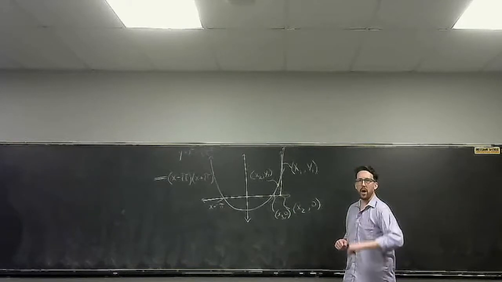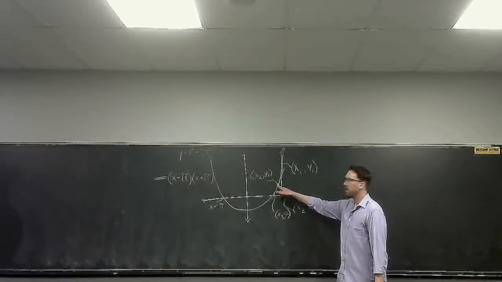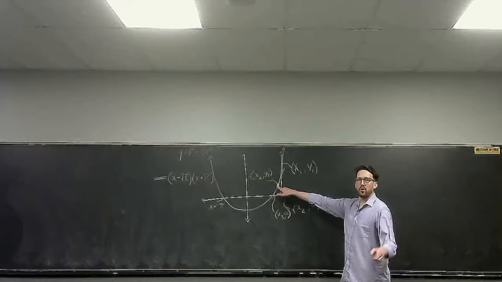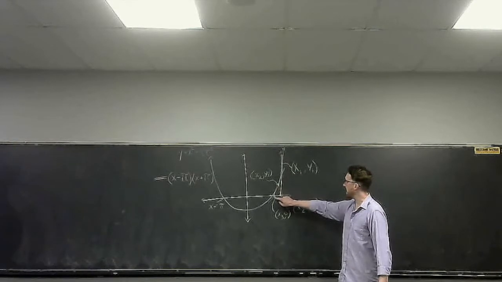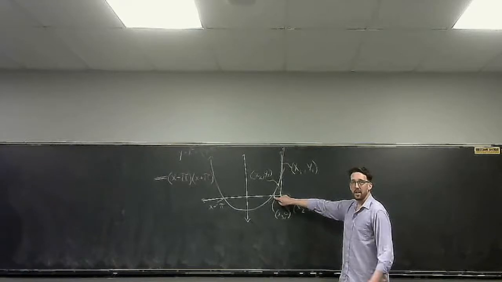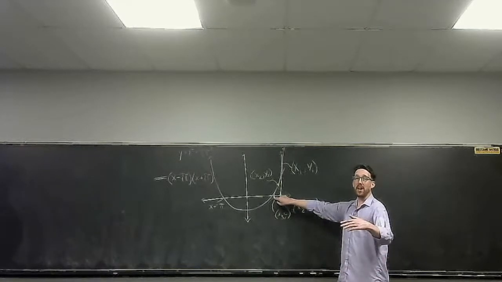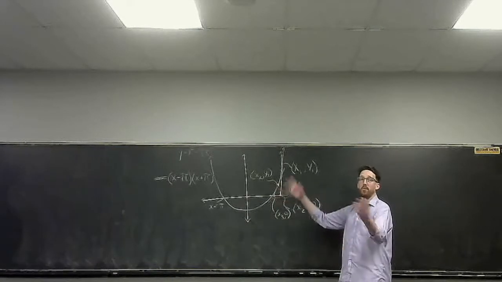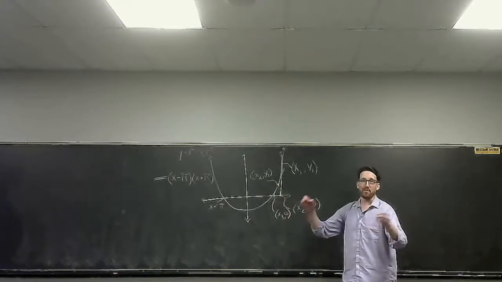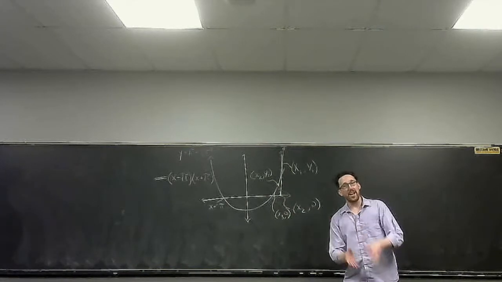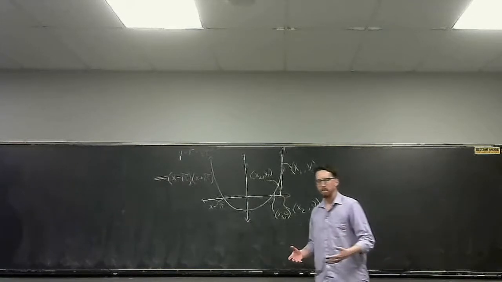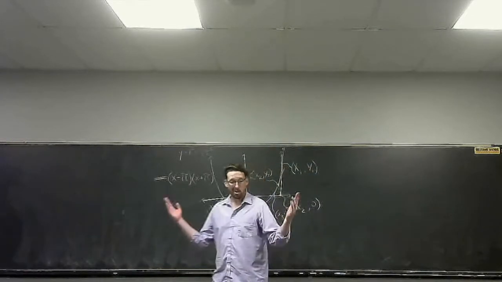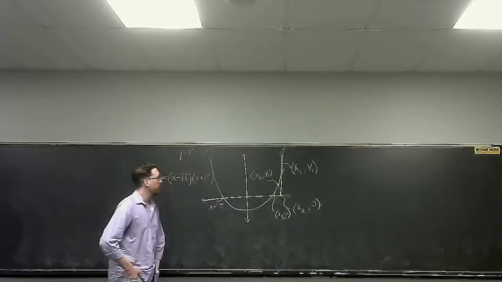Now go up to x2, y2. Form the line tangent to your function at that point. Follow that down to the x-axis. That gives you x3. Go up to x3, y3. Form the line tangent to your function at the point x3, y3. Follow that down, and so forth, and so on. This is all Newton's method is.